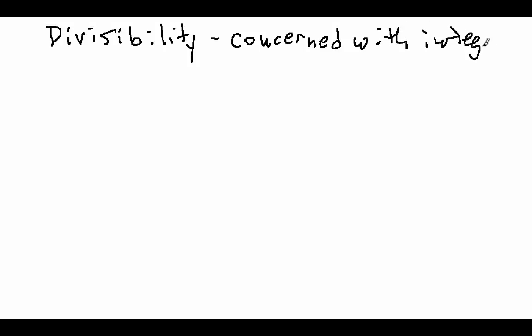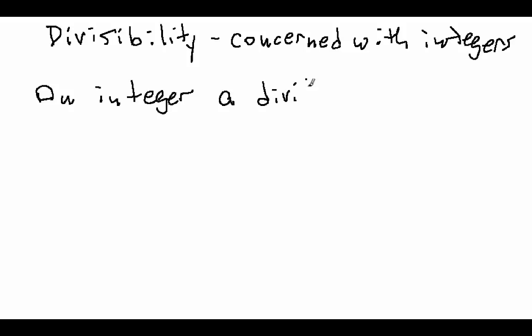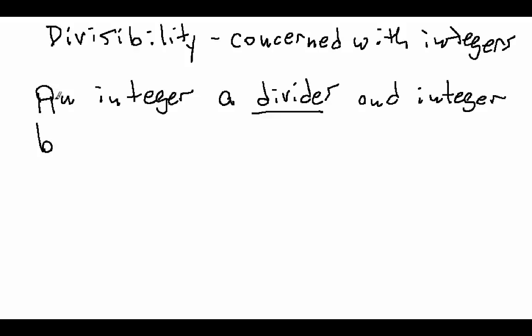And we're going to start off with a definition, and we are going to say that an integer a divides an integer b. That's an a over there, in case you couldn't tell.